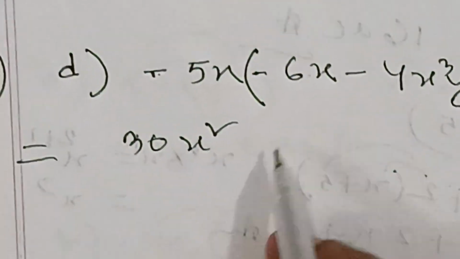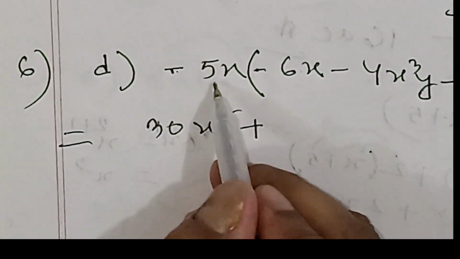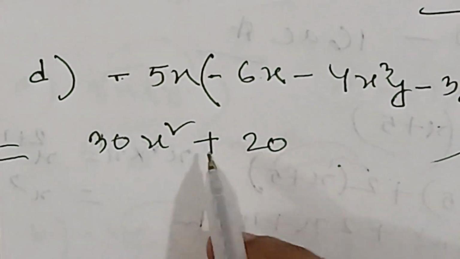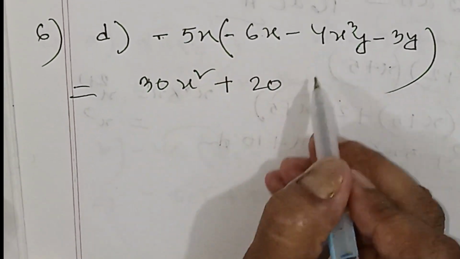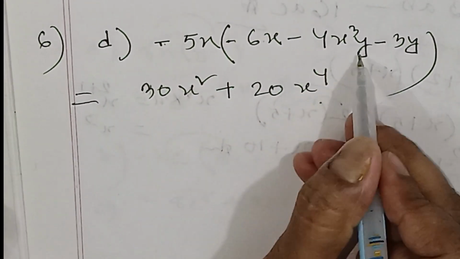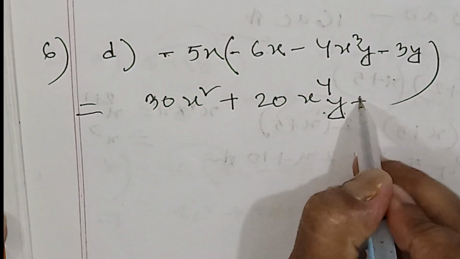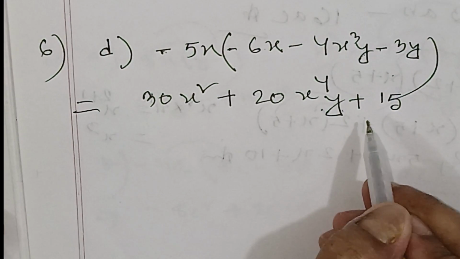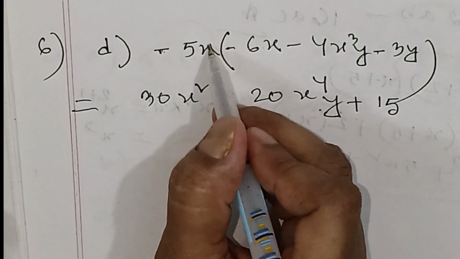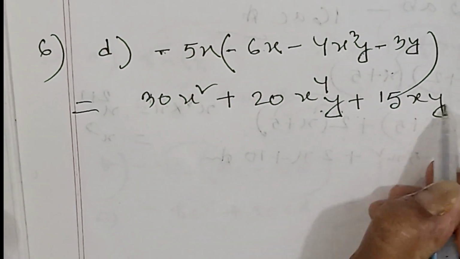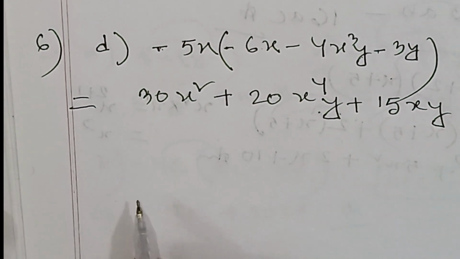Again minus times minus is plus, 5 into 4, 20, x into x cube, that means x to the power 4 and y. Okay, minus times minus is plus, 5 threes are 15 and x into y, that means xy. That's it, this is the answer.